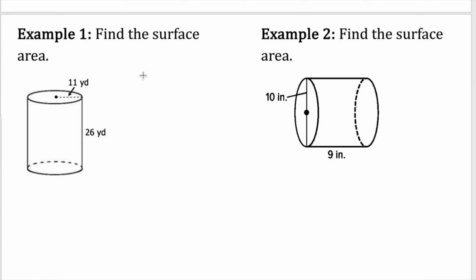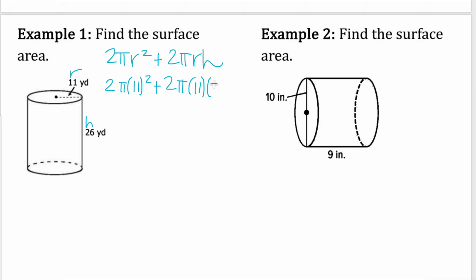So if you want to grab a calculator, we're just going to plug in 2 pi r squared plus 2 pi rh. So in this case, my r is 11, my h is 26. So 2 times pi times 11 squared plus 2 times pi times 11 times 26. What I like to do first is simplify in terms of pi first.